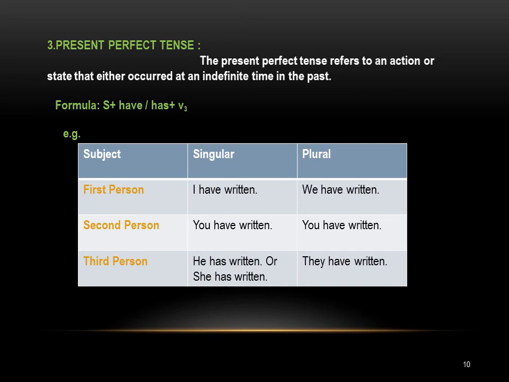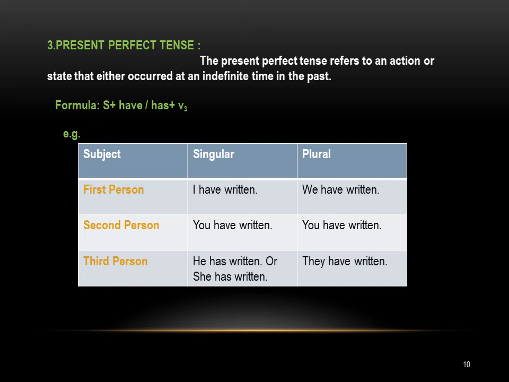Written is V3, the past participle form of the verb. Or she has written: she is the subject, has is the helping verb, and written is the past participle form of the verb. Next, they have written. They is the subject, have is the helping verb, written is the past participle form of the verb.